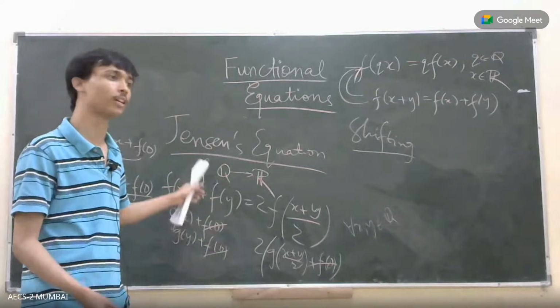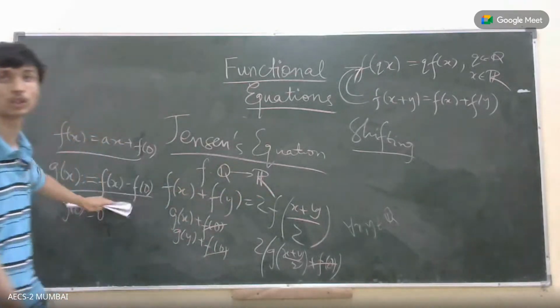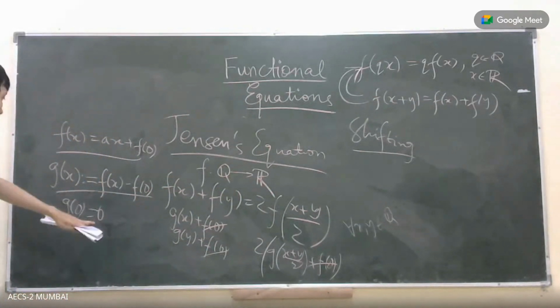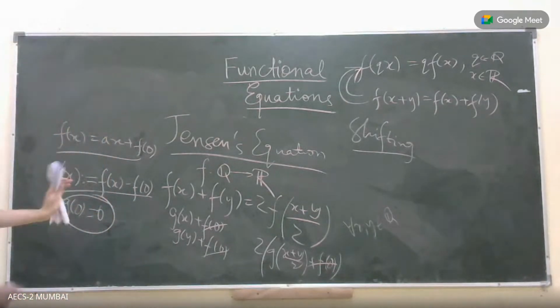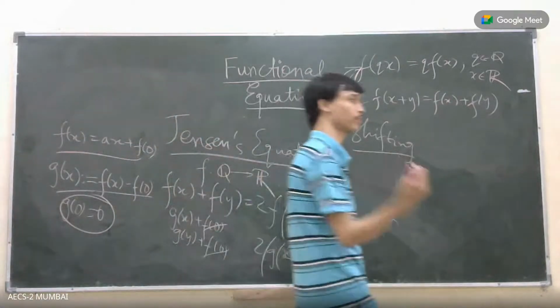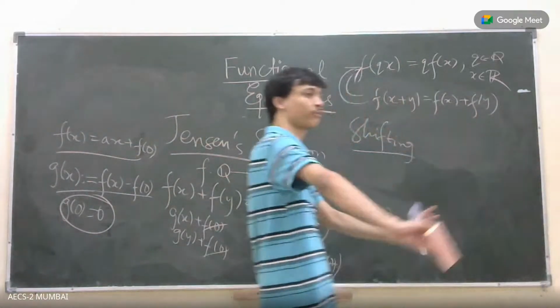So when you get trivial stuff like this, you should usually try to apply shifting so that you get something like g(0) = 0. So now we force g(0) to be 0 by shifting.